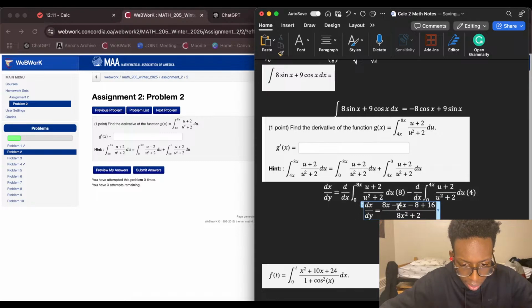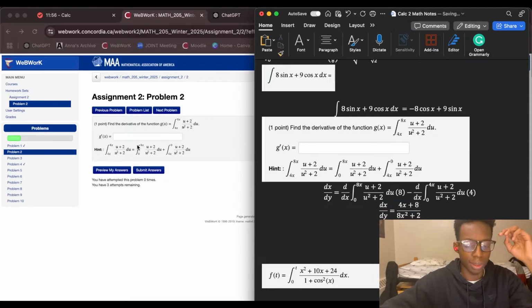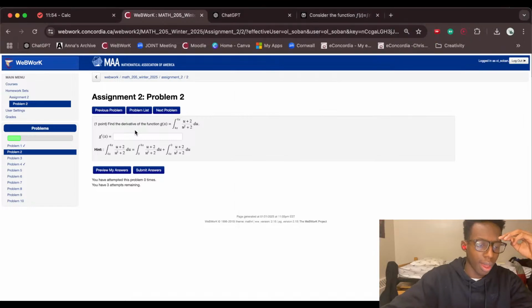So that's what it equals to. So then you now subtract, so then that'll be 4x minus 8 plus 8. X was 8. X was 8.